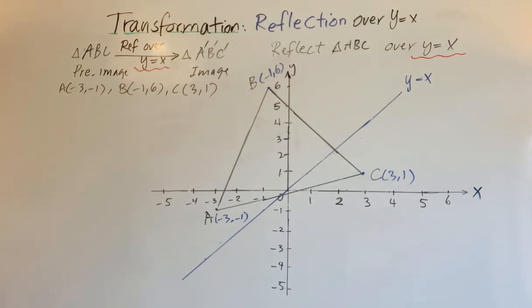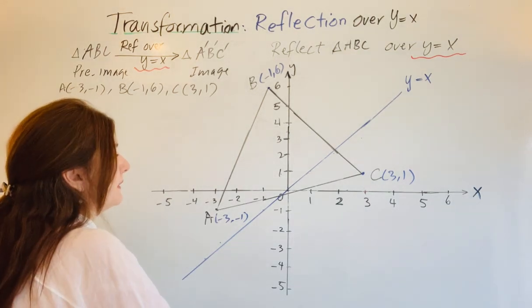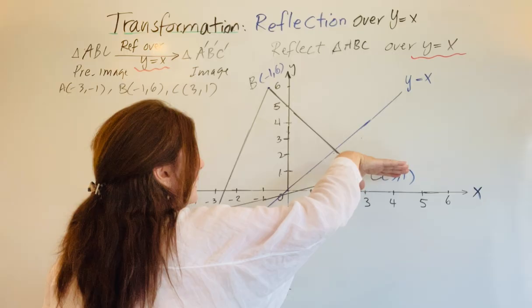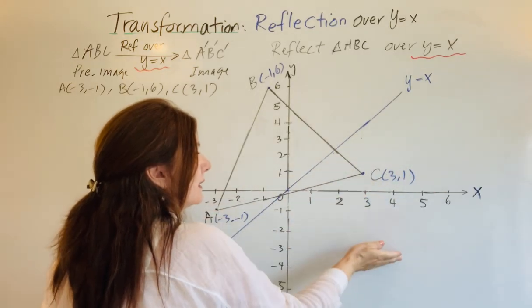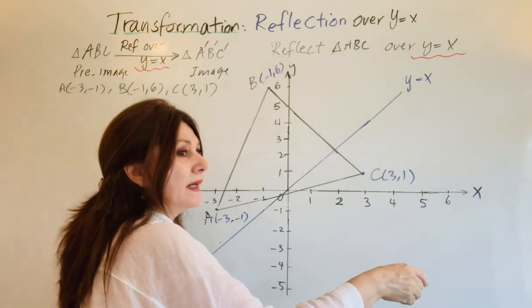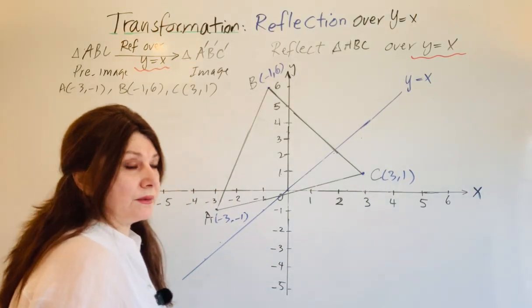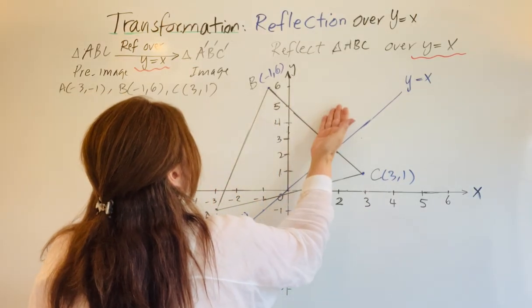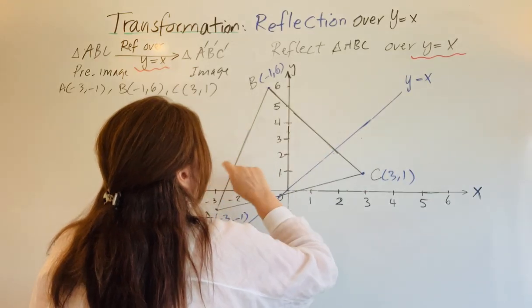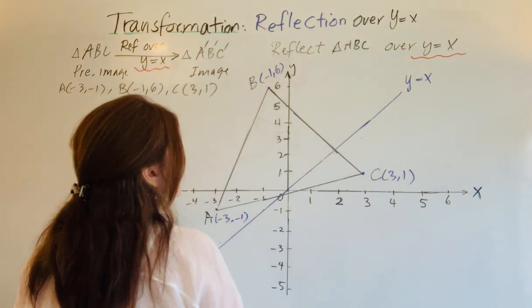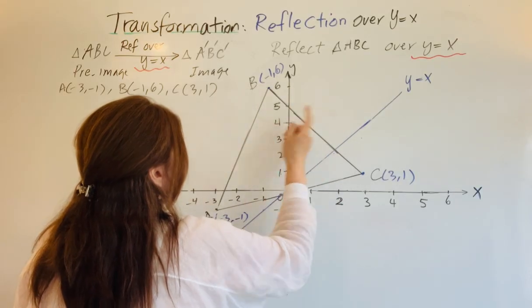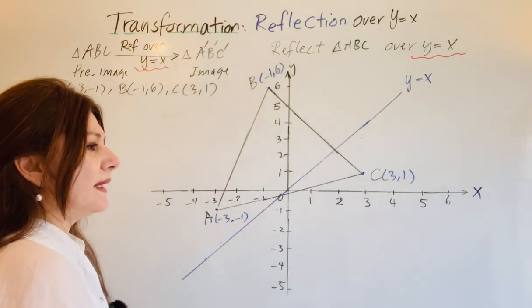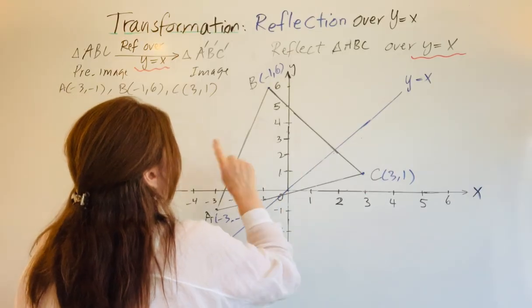If you remember, we worked on this one. When we reflected any shape over the x-axis, we kept the x's and changed the y values. Over the y-axis, we kept the y values and changed the x values from x to -x.